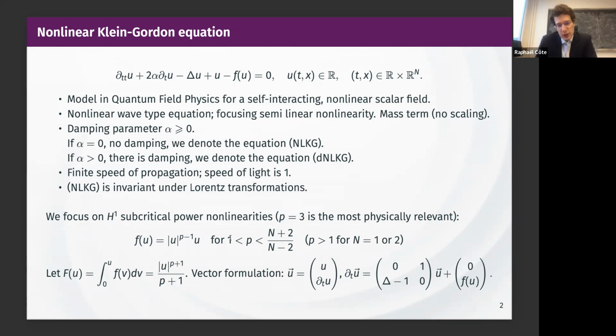And at some point, I will ask that p is strictly greater than 2. And I would like you to bear in mind that actually p equals 3 is really the nonlinearity I'm interested in. Okay, let me write capital F for the antiderivative of little f, which will play a role in the energy.